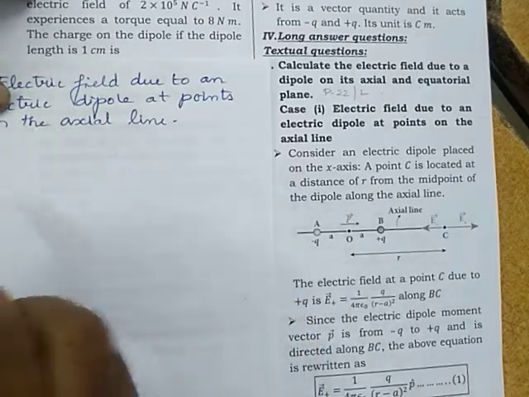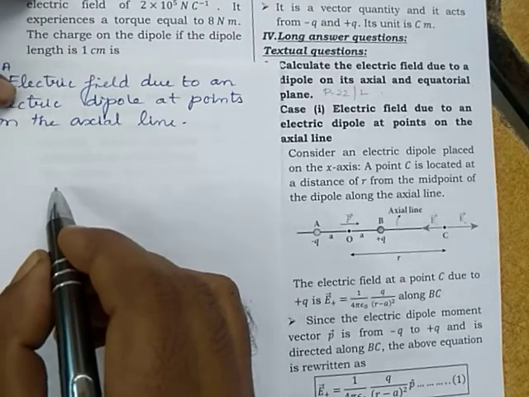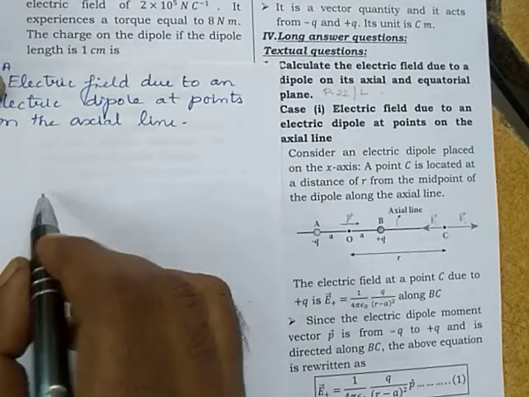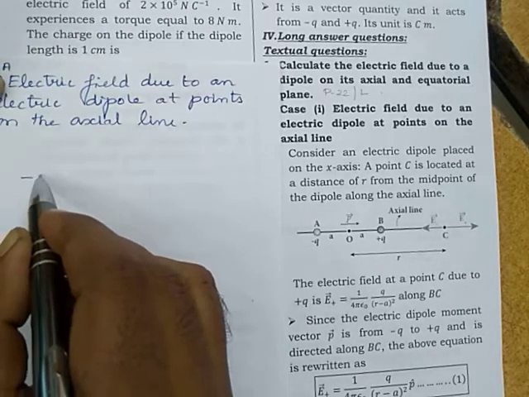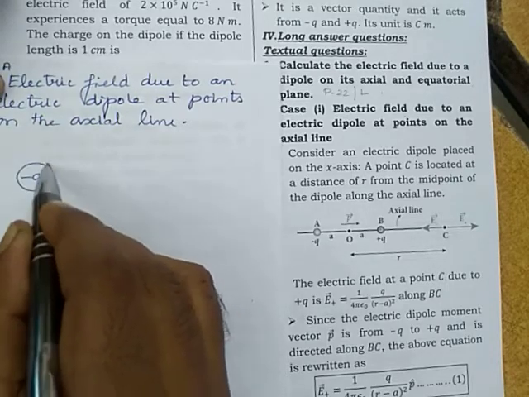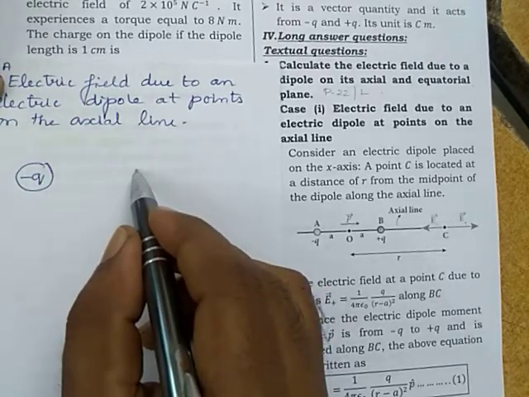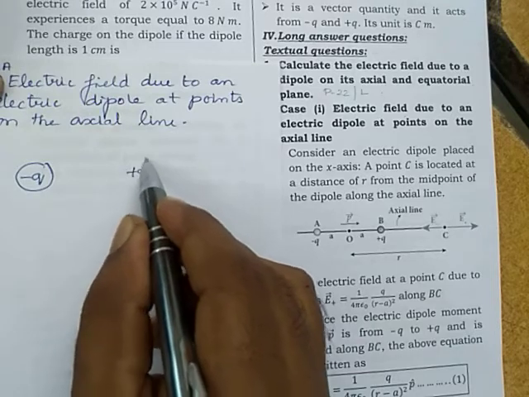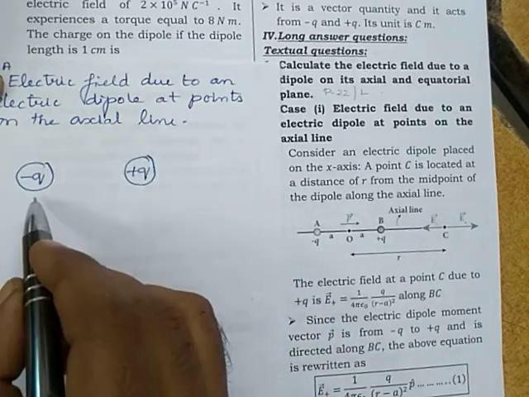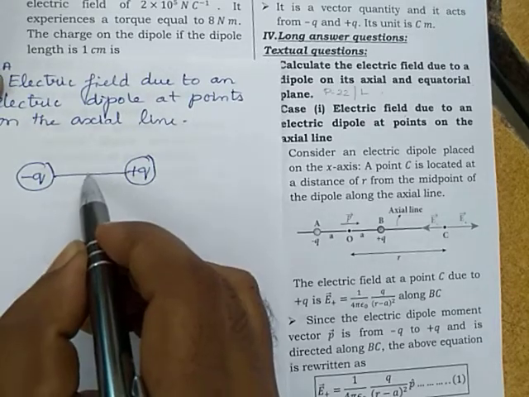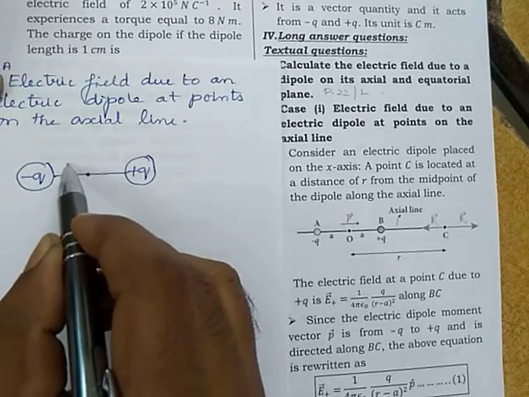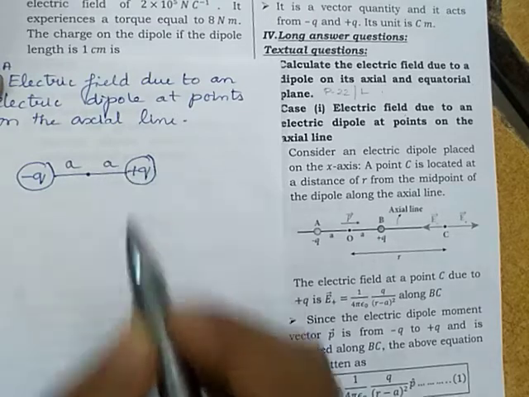So I am considering a dipole. We know a dipole is two equal and opposite charges separated by a small distance. So I am considering minus q, then plus q, separated by a small distance, that is 2a. Here is the center of the dipole, here a, here also a.